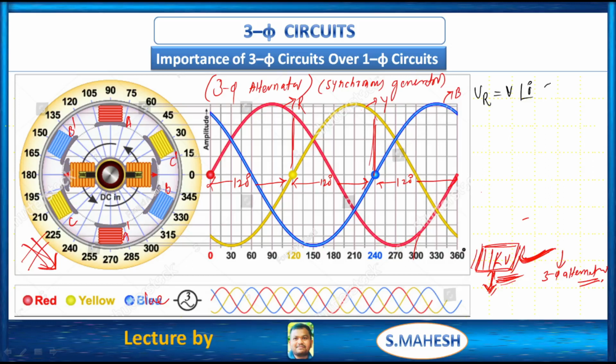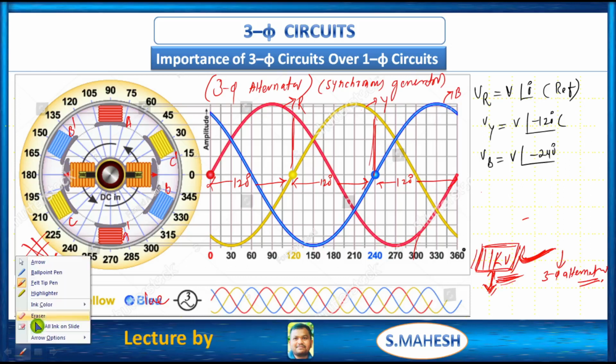Let us consider this as a reference. Therefore Vy is what? V at an angle minus 120 degrees, right? Like that. Vb is what? V at an angle minus 240 degrees. Like this we can represent in 3-phase circuits.